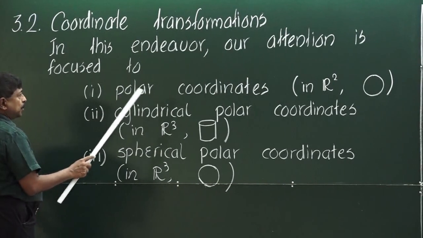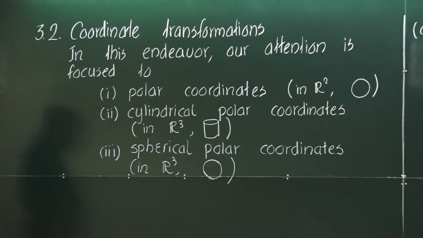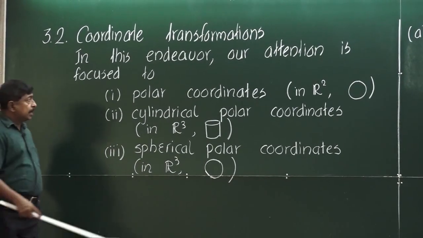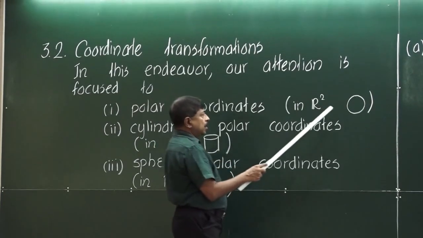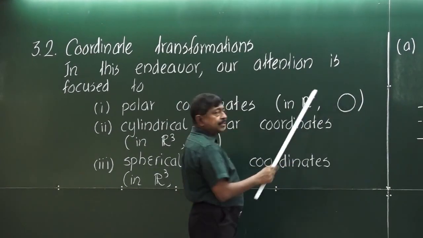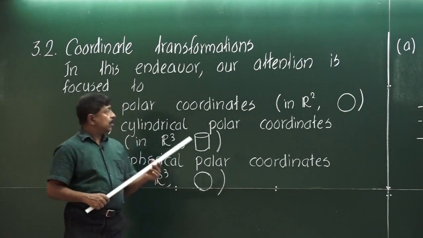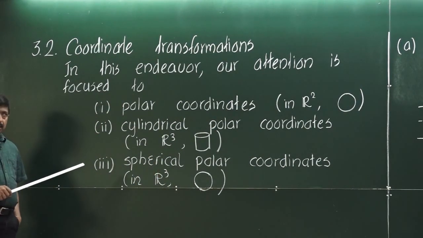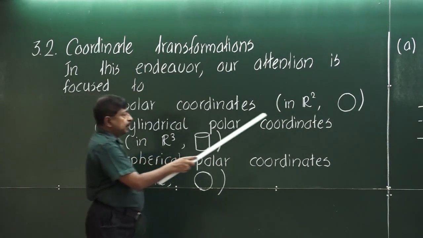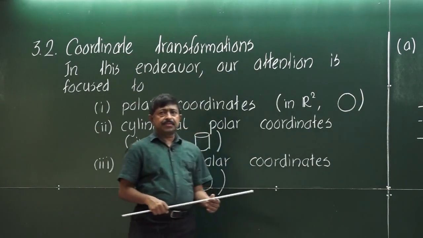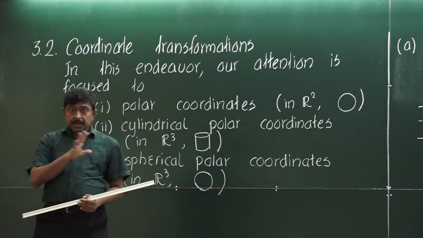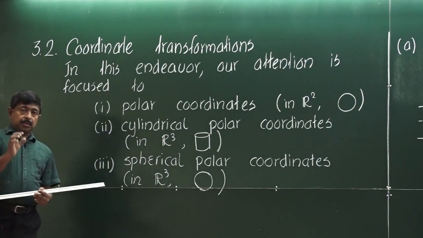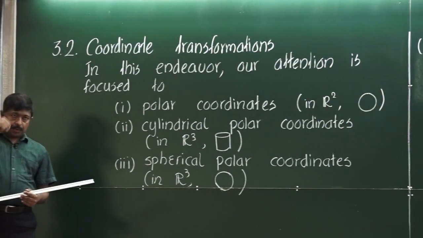First, polar coordinates, which are used in R2, in two-dimensional space, when the domain of integration is a circle. This transformation is always useful, because once your domain of integration is a circle, it is extremely hard to find limits.